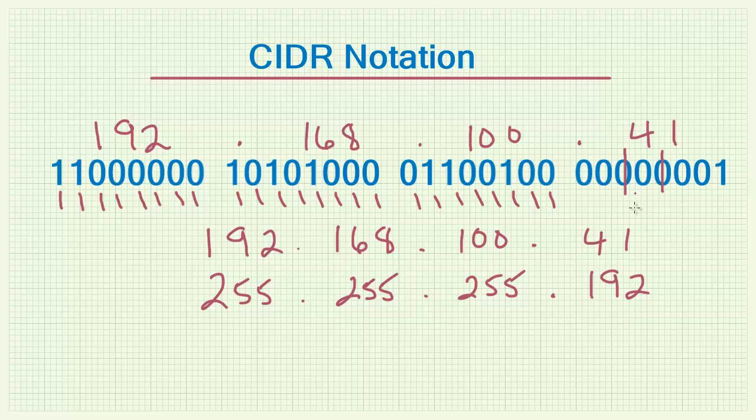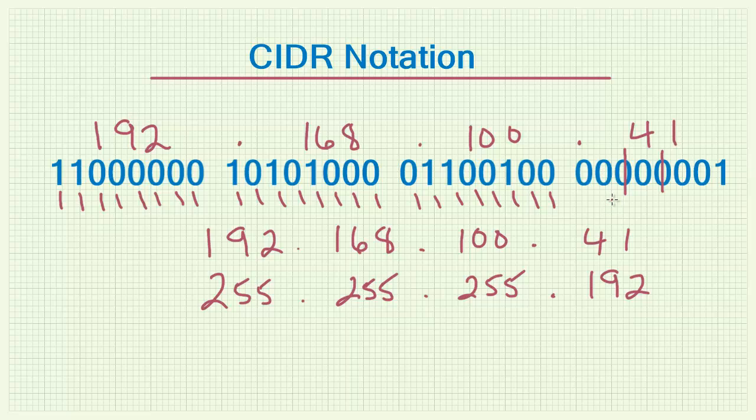But what about this 4th octet? We've got 192. So how do we represent that in binary for the last octet of the subnet mask? Well, we do like we've always done. We just add up the bit weights. Remember, this first position here in the last octet is 128, and the next is 64.